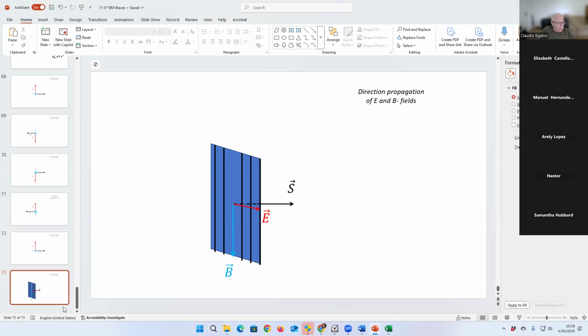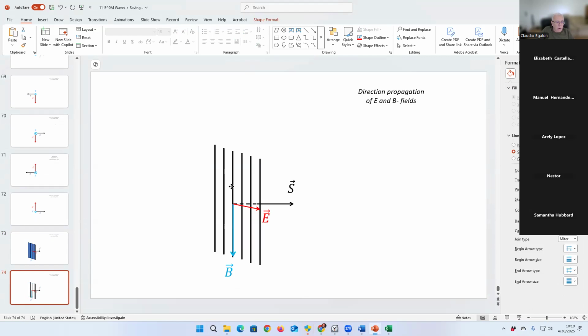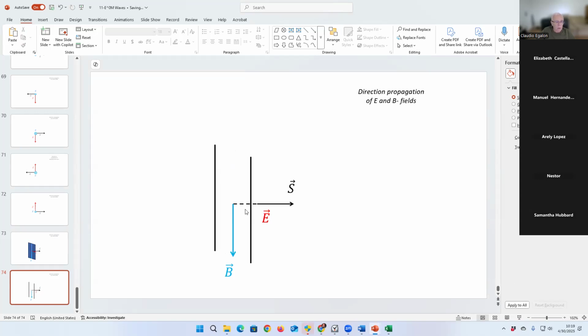Another way, a simpler way to represent that instead of doing all this math that I did, right? We can just represent the front of the wave as a line. Now we are looking into the electric field. I'm going to remove this guy. I'm going to remove the other ones. I don't need that either.